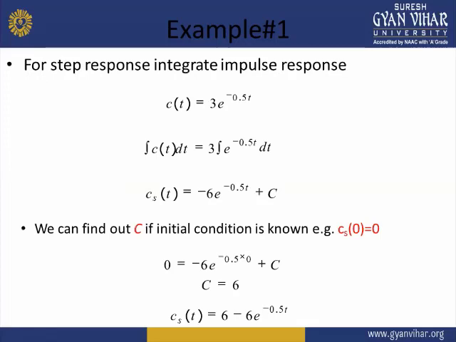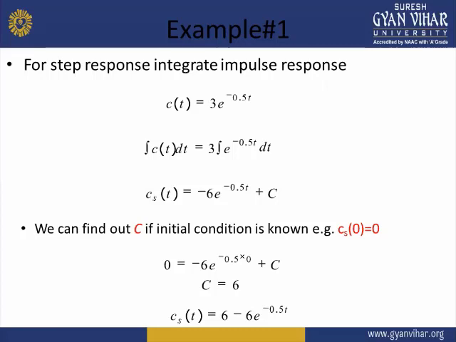For the step response, we will integrate this c(t) first of all, because the differentiation of the step response is the impulse response. So if we have the impulse response, when we integrate it we will get the step response. So c(t) after integration is minus 6 into e^(-0.5t) plus c.